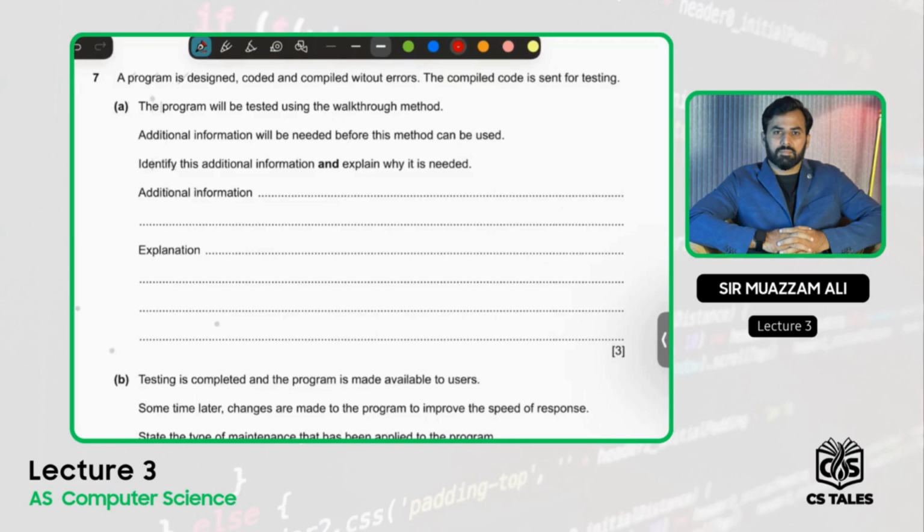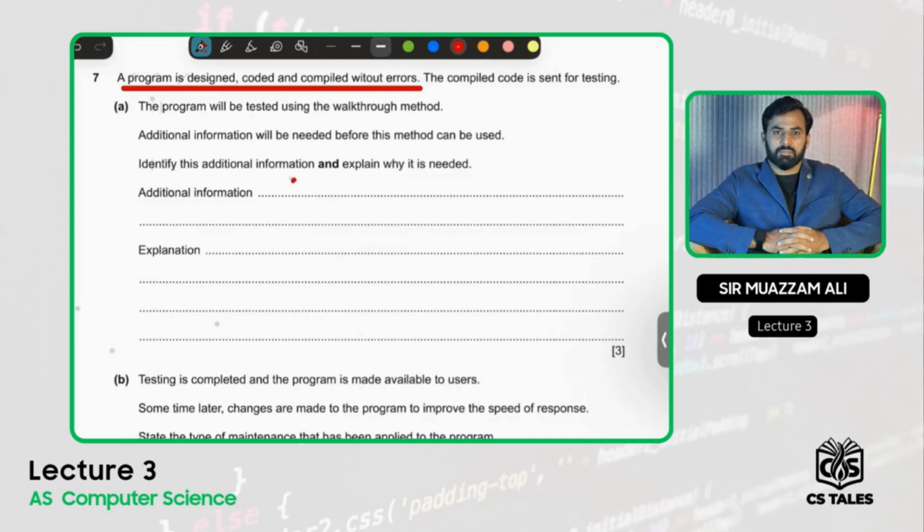So we can say that you need additional information whenever the program is designed, coded, and compiled without error. It should be tested, meaning whatever your code specification is, you must test how things are working.